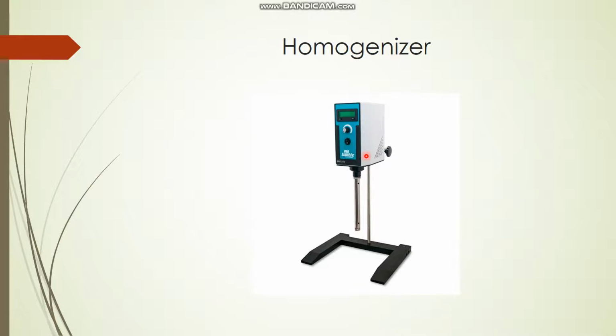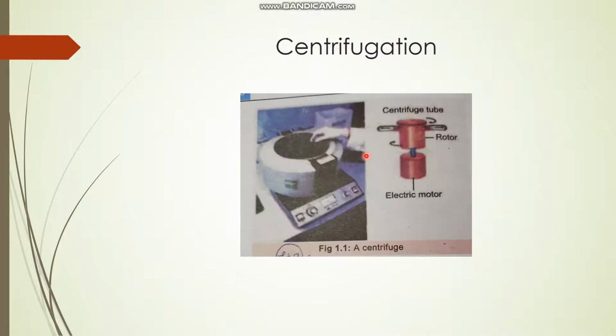It is more like a food mixer or blender, and when we mix the cells in it and operate it, we get a uniform mixture of cells which is known as cell homogenate. And after homogenization, our next step comes, that is centrifugation.